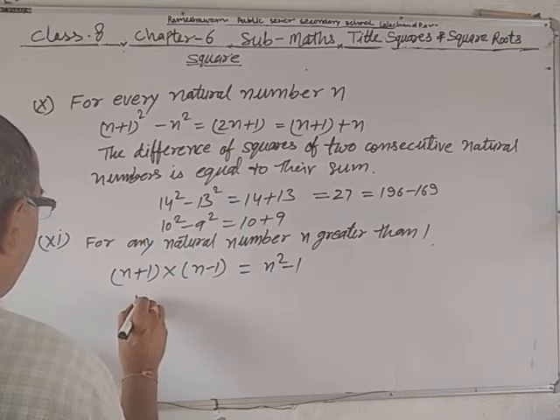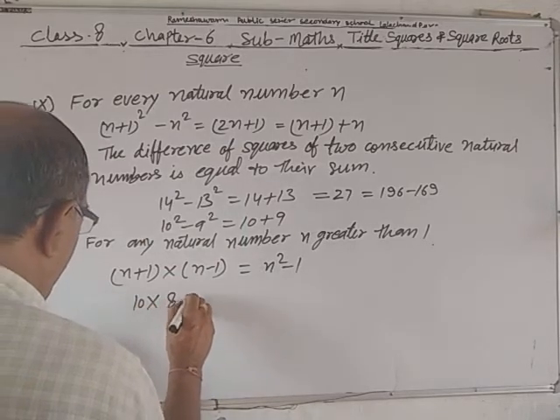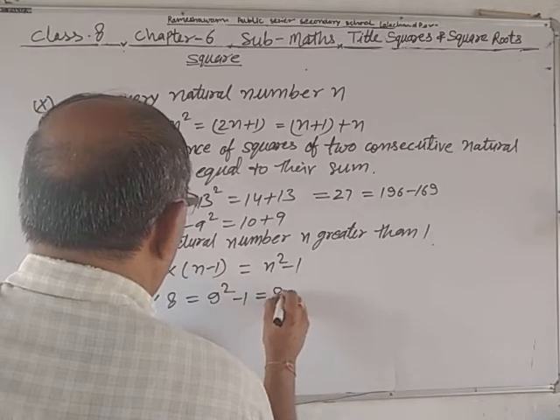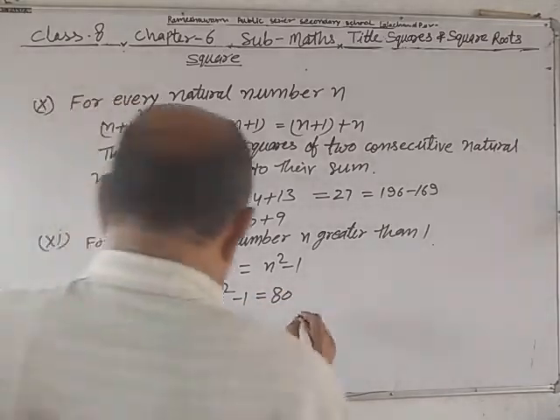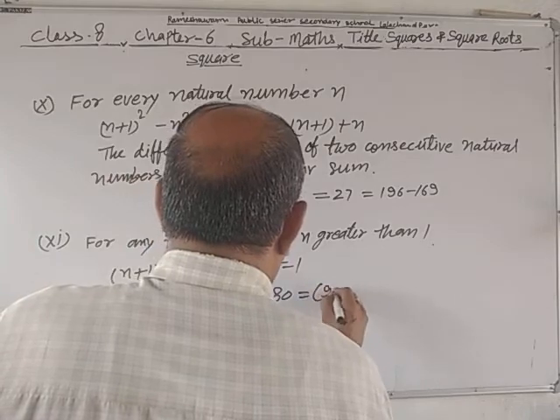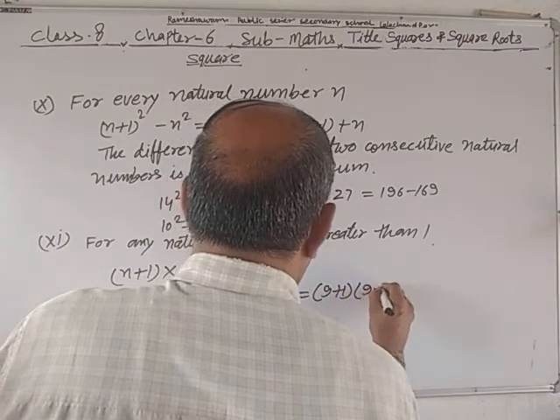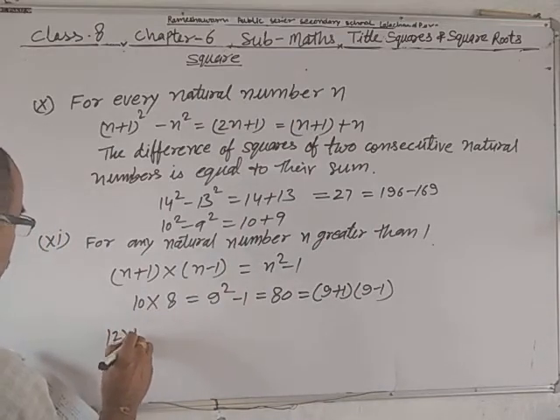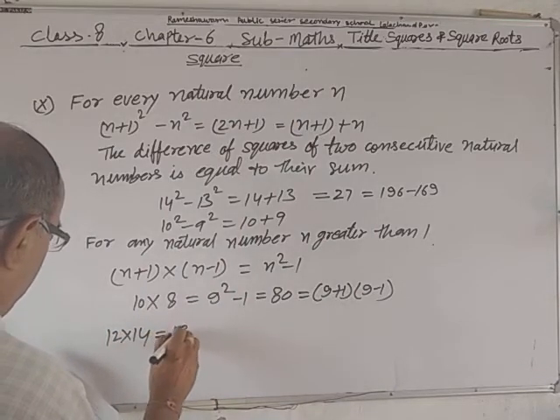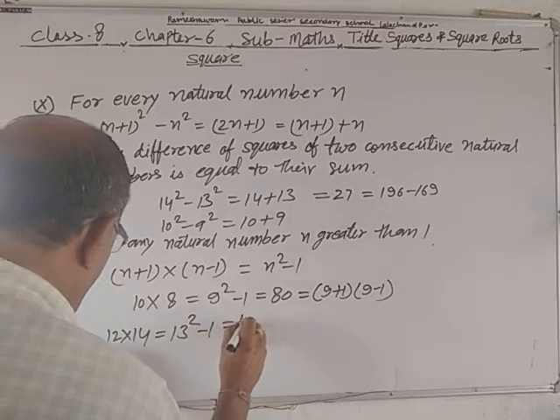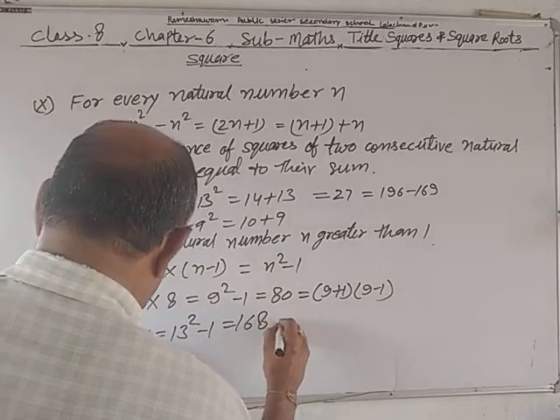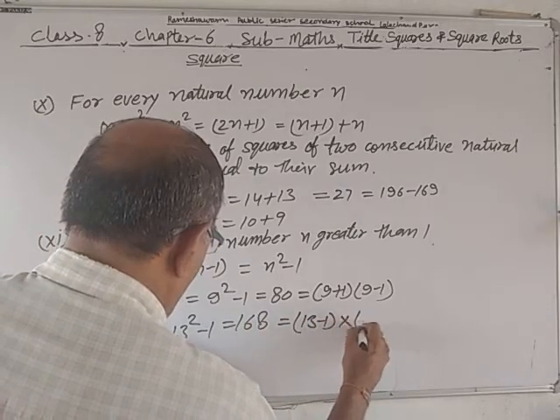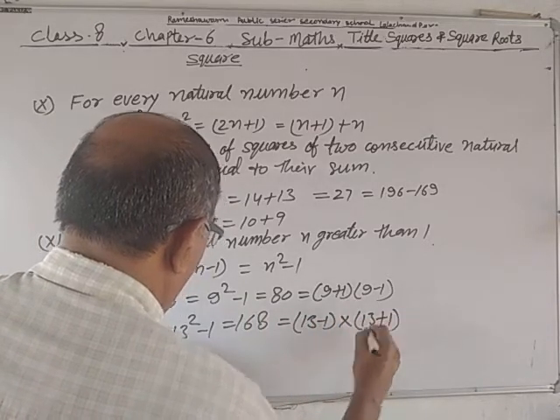It means 10 into 8 equal to 9 square minus 1 equal to 80, equal to 9 plus 1 and 9 minus 1. 12 into 14 equal to 13 square minus 1 equal to 168, equal to 13 minus 1 into 13 plus 1.